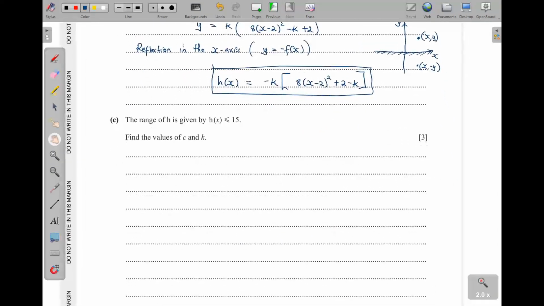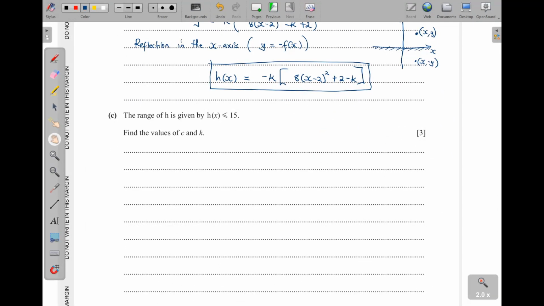Part C, the range of h is given by h of x less than or equal to 15. Now, since this one here is in the completed square format, I can write it like this. h of x is equal to negative 8k, then (x minus 2) squared, if I open the brackets, then k times the whole of this.